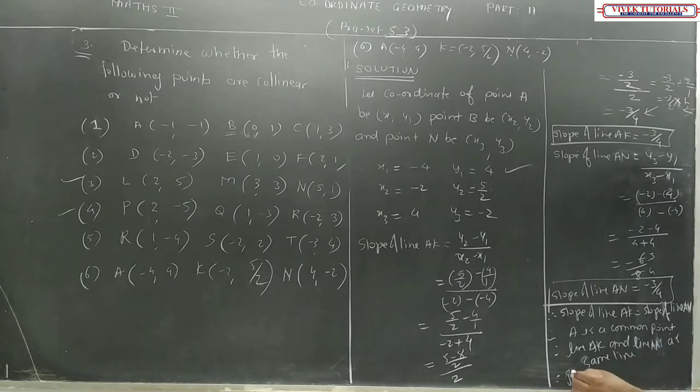Therefore, points A, K and N are collinear. These points are collinear. So, students, now copy it down properly.